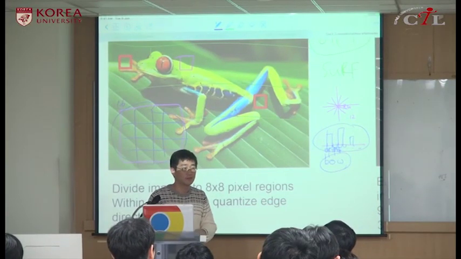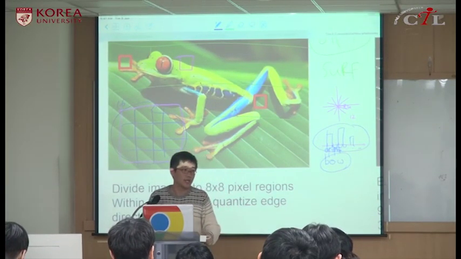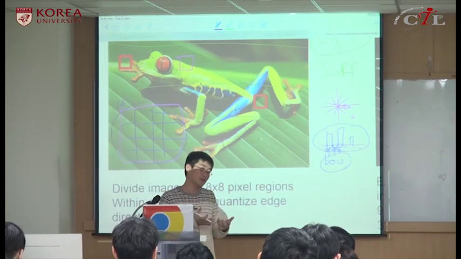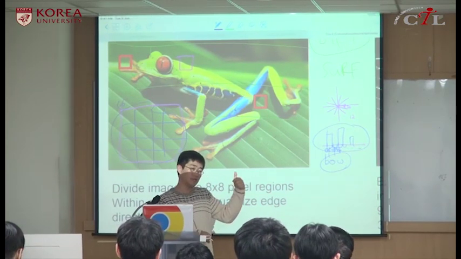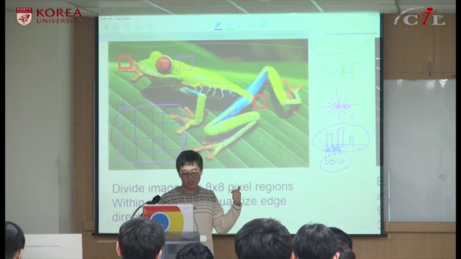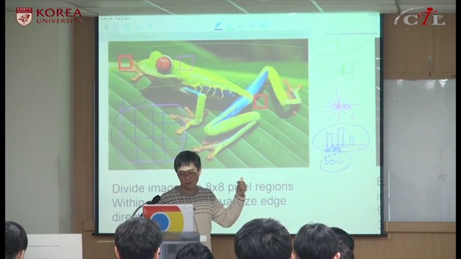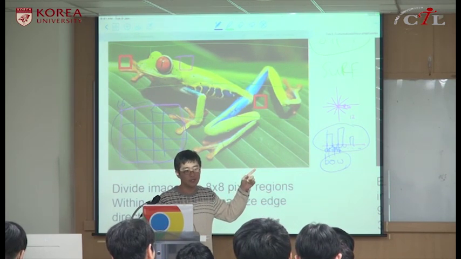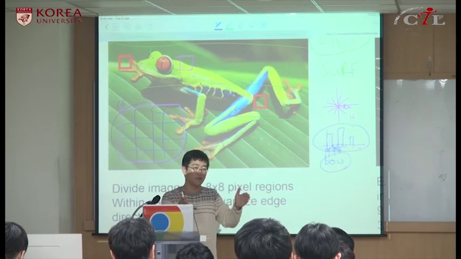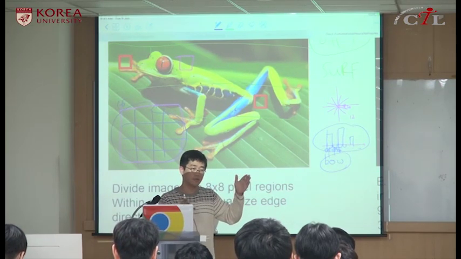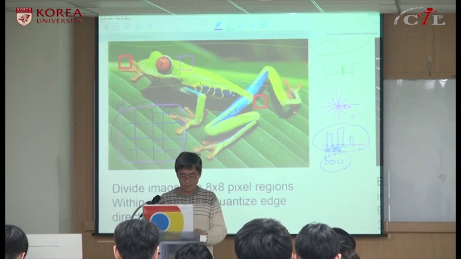That way, the statistic or distribution of the edge directions found in each of the patches in this image can be used as a feature vector that characterizes the image.